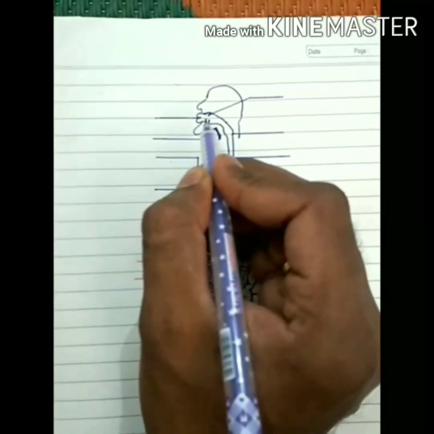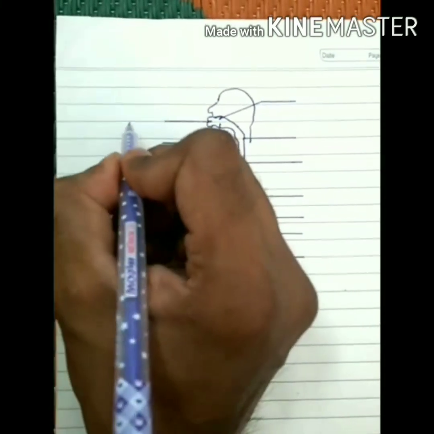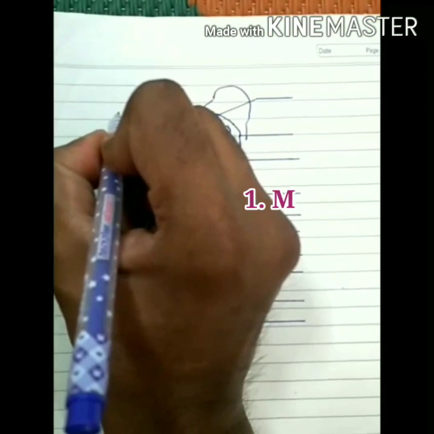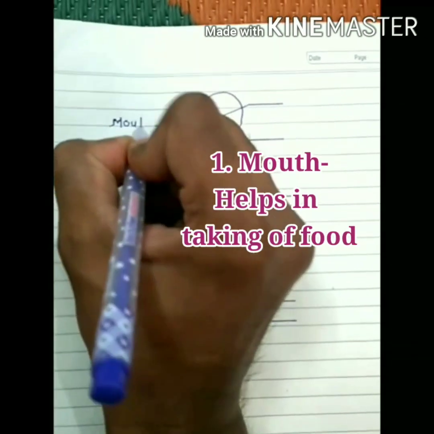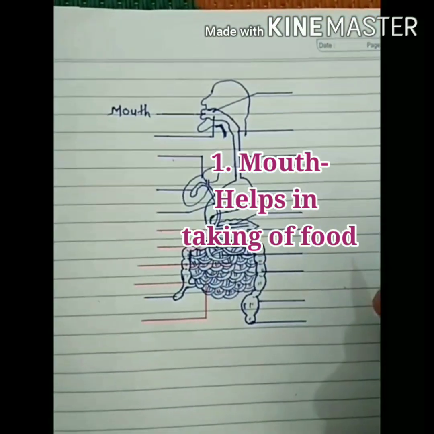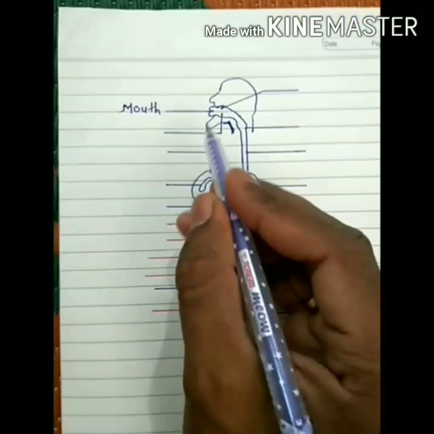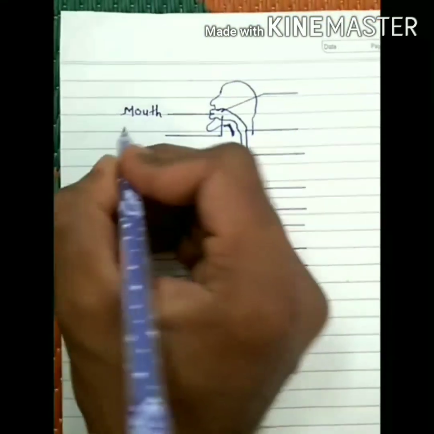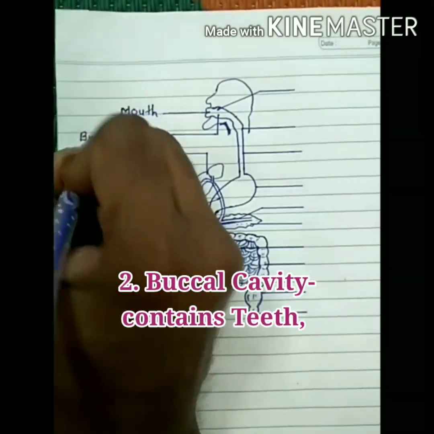So the first part of human digestive system is the mouth. Mouth is an opening from where the food is taken into the body. When we talk about the mouth, it is the area guarded by lips. Thereafter, buccal cavity is placed.